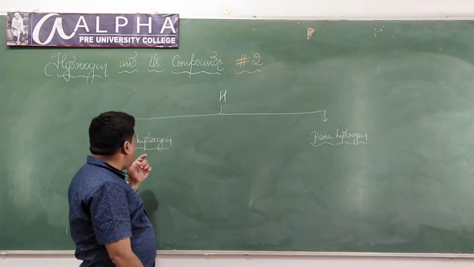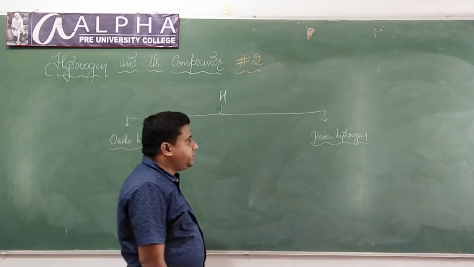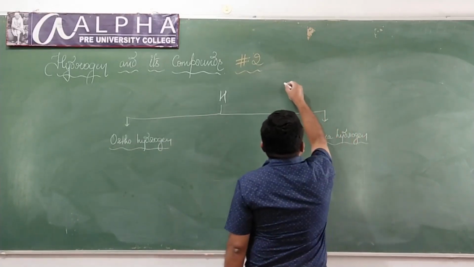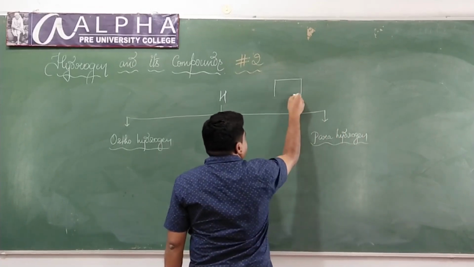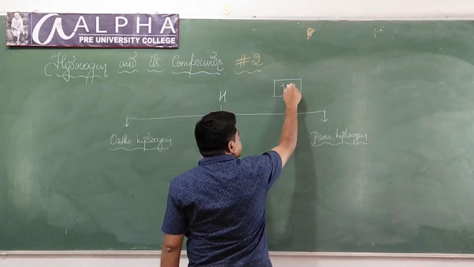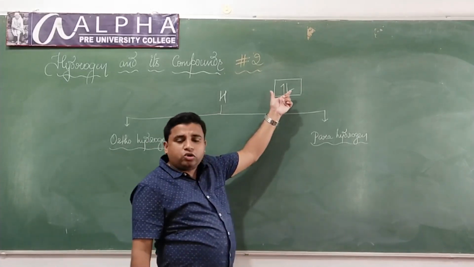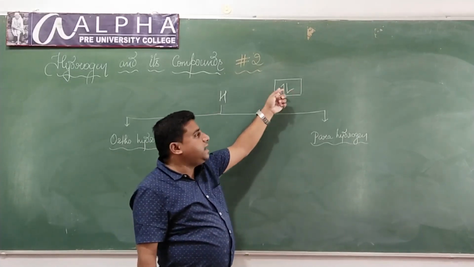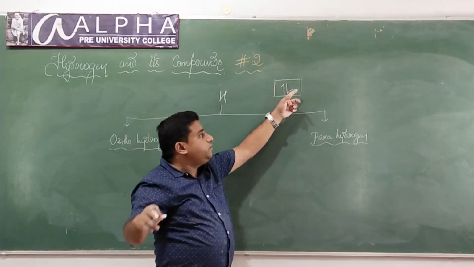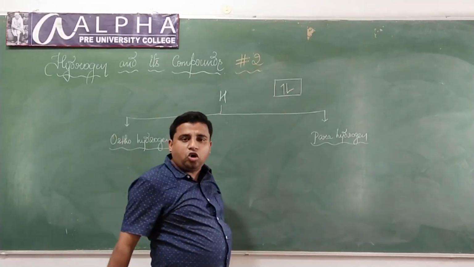What is ortho hydrogen and what is para hydrogen? See guys, if an orbital has two electrons, the two electrons will have different spin. If one electron spins in clockwise direction, the other electron will spin in anti-clockwise direction.